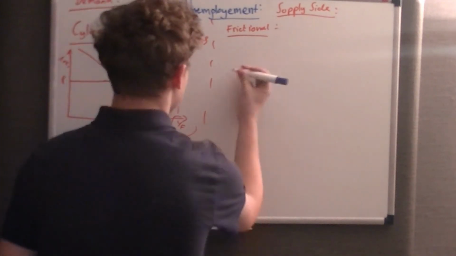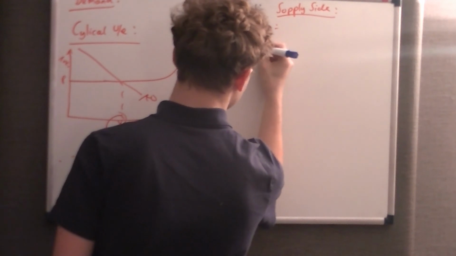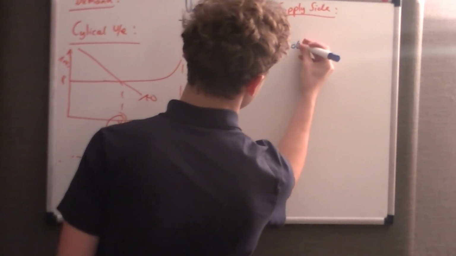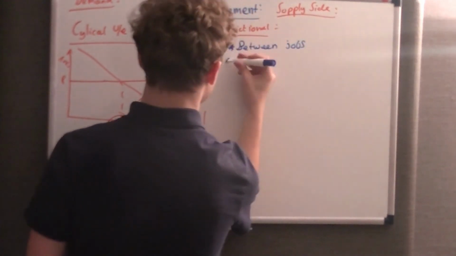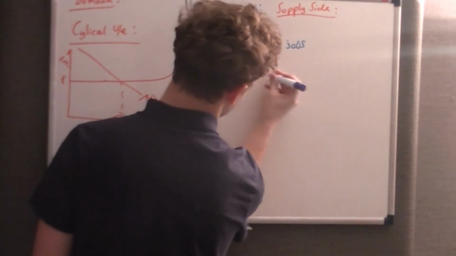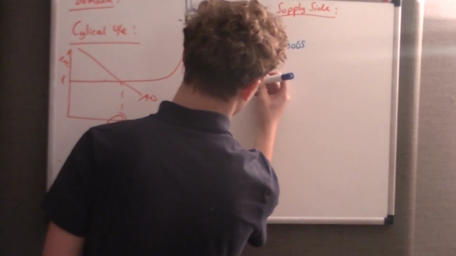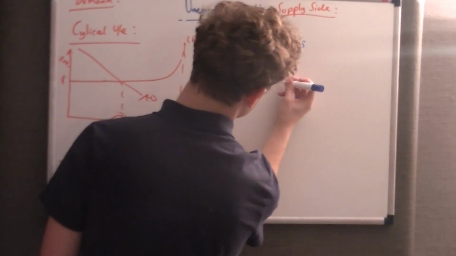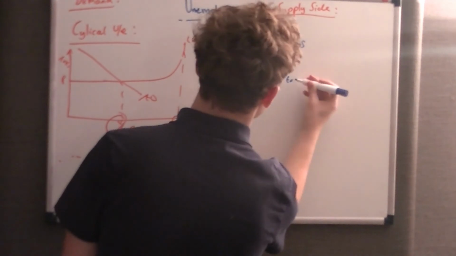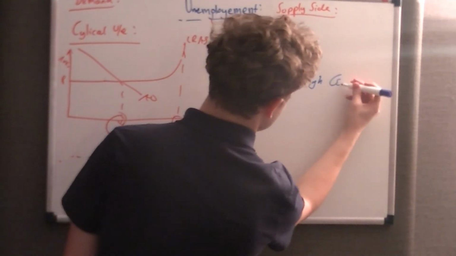So frictional, I'm going to put between jobs. Classical. So this is also known as wage. Something to do with wages. So this is when wages are too high, and I'll just put in brackets the expectations.